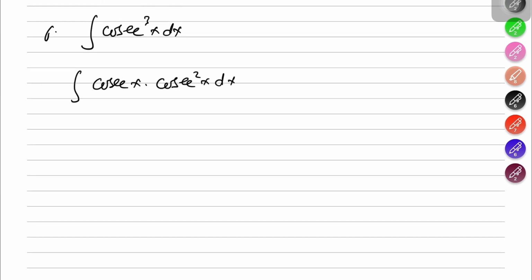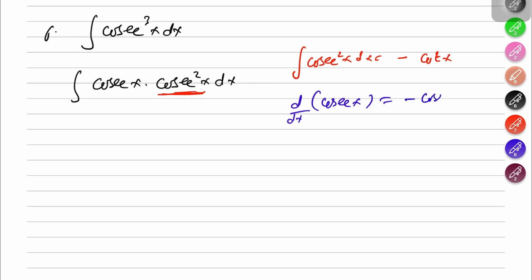We know that the integration of cosec square x dx is minus cot x, so it's an integrable function. The differentiation of cosec x is minus cosec x cot x. So we'll use integration by parts.